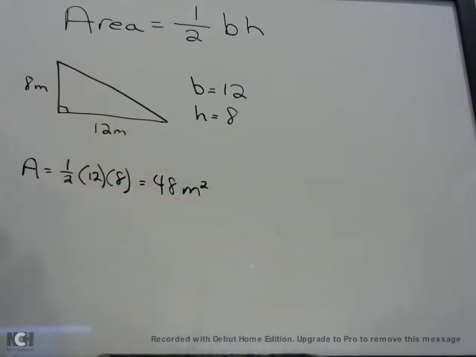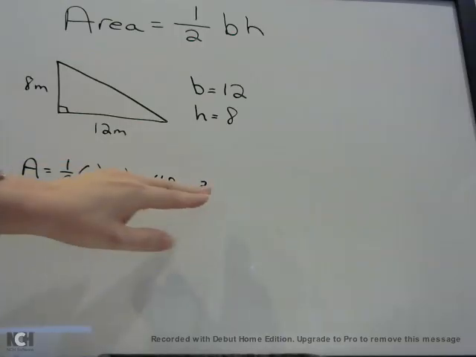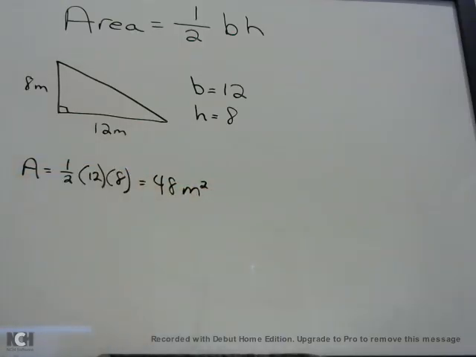So anytime you do an area problem, regardless of the shape, the answer is always going to be in squared units. So here, again, if you're using your calculator, you can remember that a fraction is just a division, so you can plug in 1 divided by 2 times 12 times 8, and you get 48, and it's meters squared. So it's, again, important to remember you're going to square those.